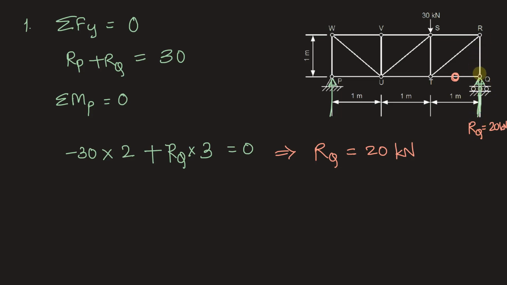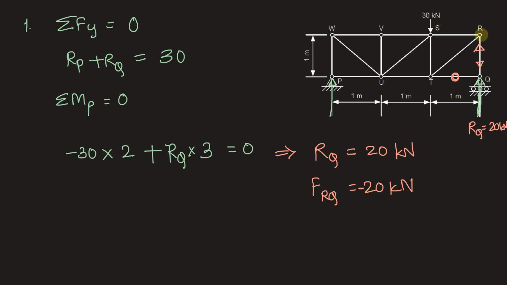The reaction is upward, so we will have to have a force downward on the joint, that is, the force is towards the joint, so it is compressive. We also have the force in member RQ equal to 20 kilonewton, but because this is downward, it will be negative, minus 20 kilonewton.